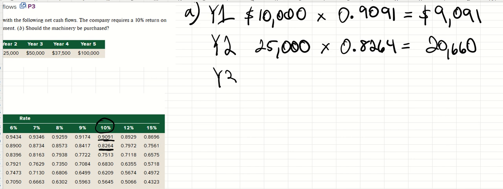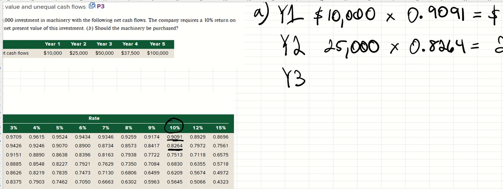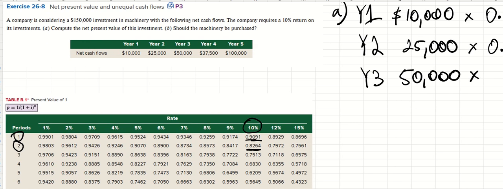Now we move on to year three. Year three, we have 50,000. And from the present value table, we're going to go to period three and then go to 10% here, and that's going to be 0.7513.